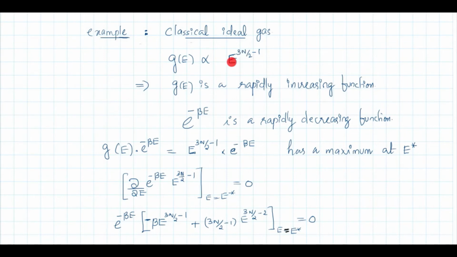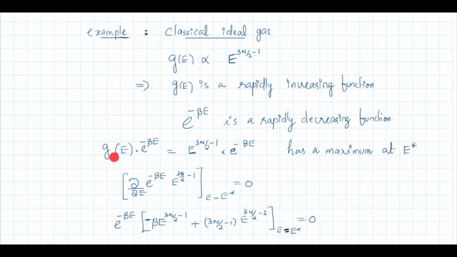As n increases, it increases very rapidly. And e raised to minus beta E is a rapidly decreasing, exponentially decaying function. So one is an increasing function, the other one is a decreasing function.